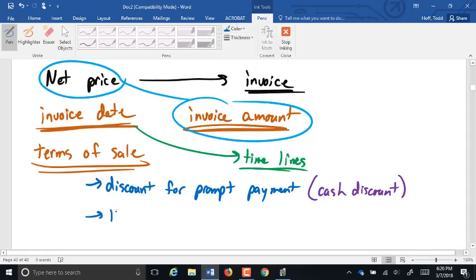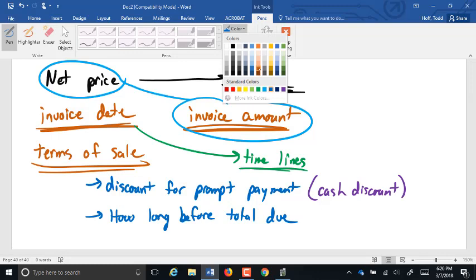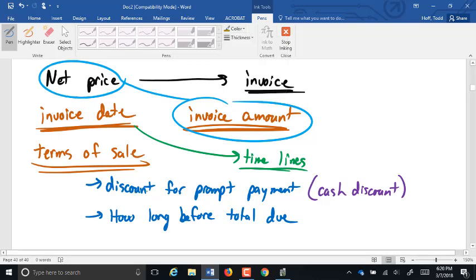It'll also define how long before the total is due. Even if you don't pay early to get that cash discount, you still only have a certain amount of time to pay. That's defined as a credit period.